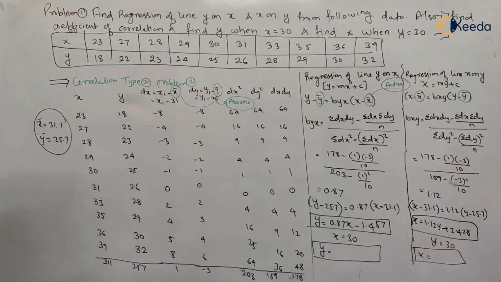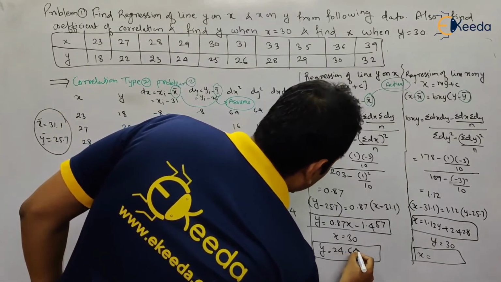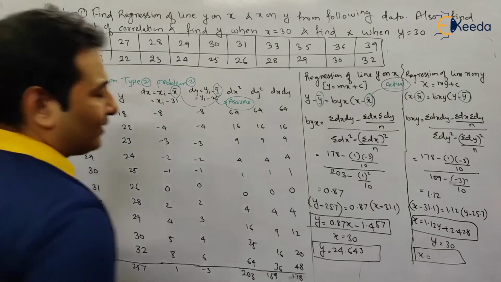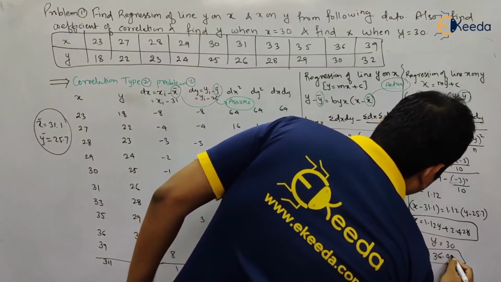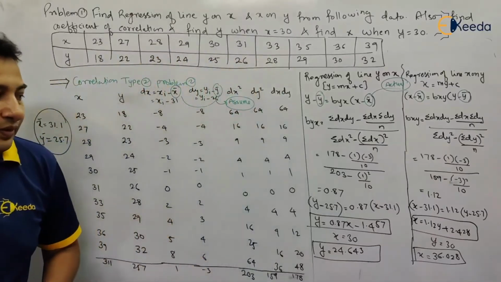Please pause this video and calculate and tell me what is the value of y when x equal to 30. It's 24.643. Please try doing it. And what is the value of x when y is equal to 30? It's 36.028. Please do it in calculator, you'll get the answer.